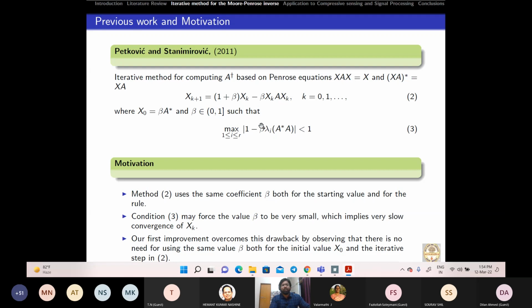I am trying to show how, by using these two equations, a new iterative method came into picture, with this way of taking the initial criteria. What we did after that was actually my first research work. I was reading this paper, trying to understand it, and I observed this thing.